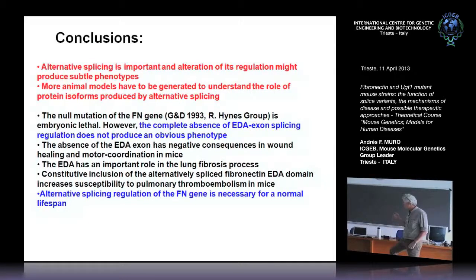You have to think also that animals are living in a very soft environment, in the cage, they don't have any type of challenge to survive. So in many cases we need to stress them. Alternative regulation is necessary for a normal lifespan.